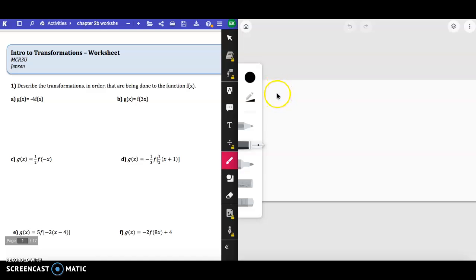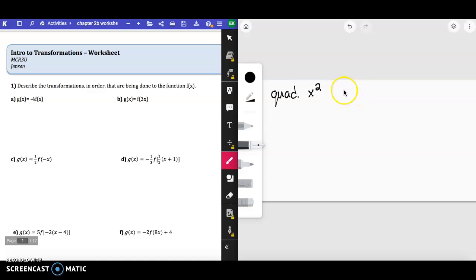So if, for example, we had a quadratic function, let's start off with a quadratic. The typical parent equation for a quadratic function is x squared. And so basically what would happen is if you had something being done inside of an x squared function, a quadratic function, versus if you had something being done on the outside.